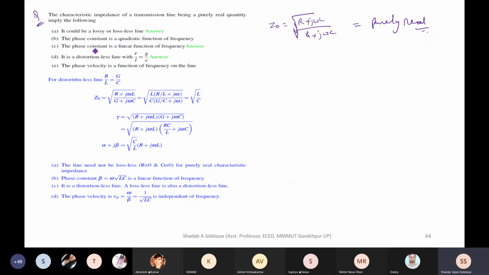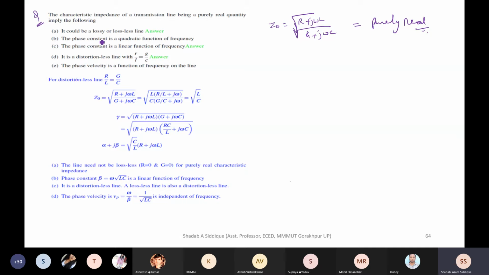For which condition? It could be a lossy or lossless line. So we need to check. Purely real quantity, so it could be a lossy or lossless transmission line.